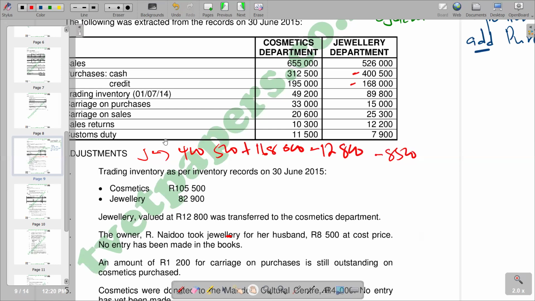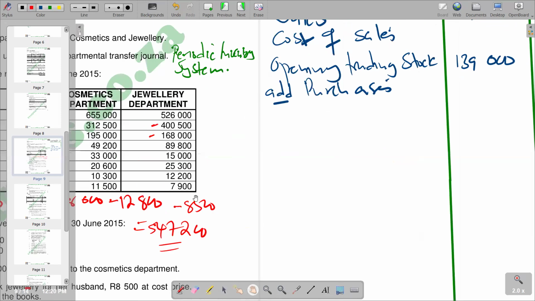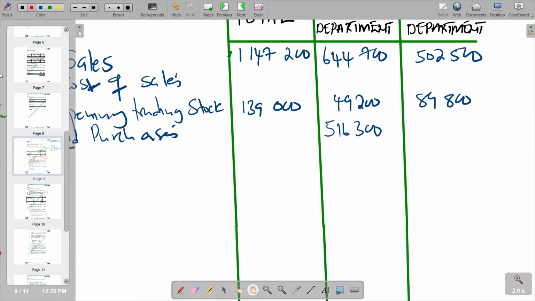So the answer that we're going to get is 547,200, and this is the figure that is going to go to our trading account. So we come here, we can get it as such, which is 547,200.